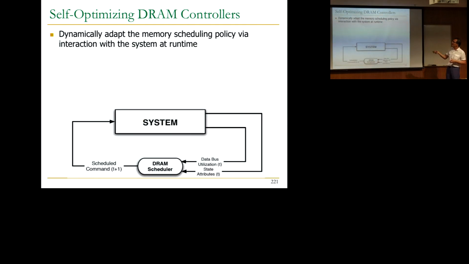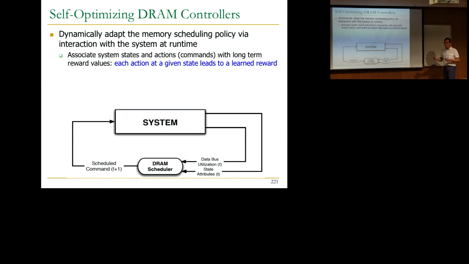Now you can dynamically adapt the memory scheduling policy, which means which command you choose at a given state, via interaction with the system at runtime. How do you do that? You associate system states and actions, commands, with long-term reward values. Each action at a given state leads to a learned reward. Now, how do you do that? Basically, you have a state. You represent it somehow. We're going to talk about that. If you have a lot of parameters in your state, that may be a lot. So we're going to prune it.